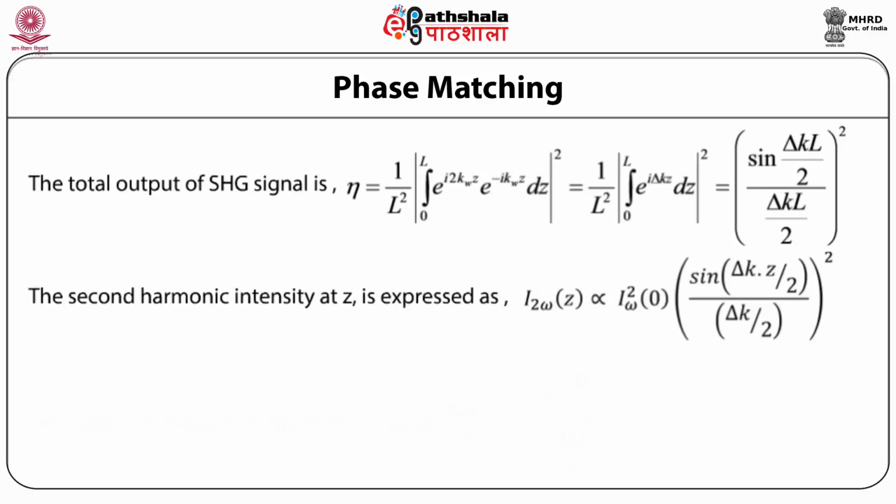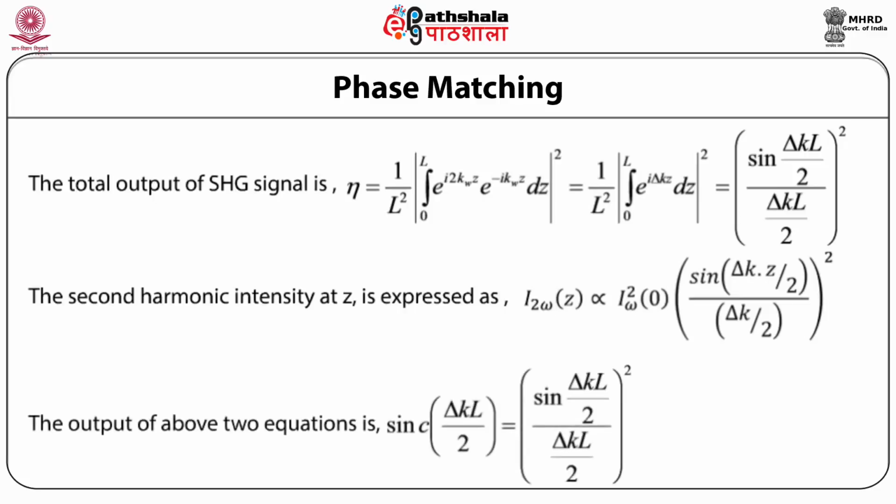This function has a maximum for delta k z equal to 0 and delta k z equal to 2n pi, indicating that the condition for most efficient SHG is delta k equal to 0 and is termed as phase matching.